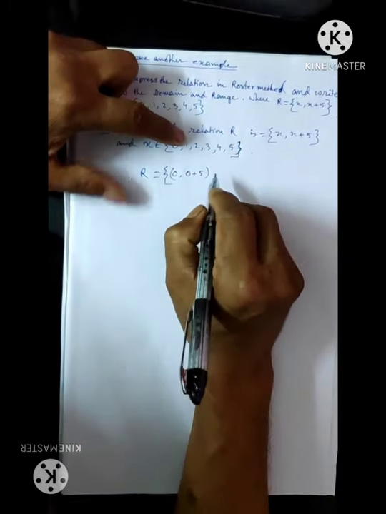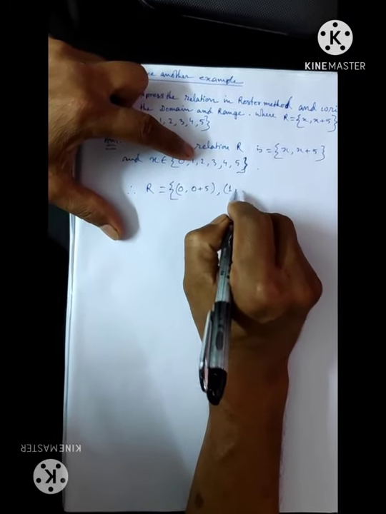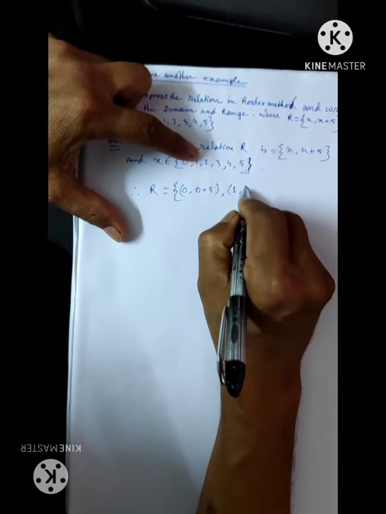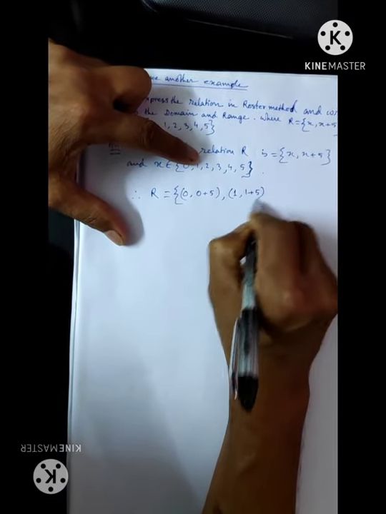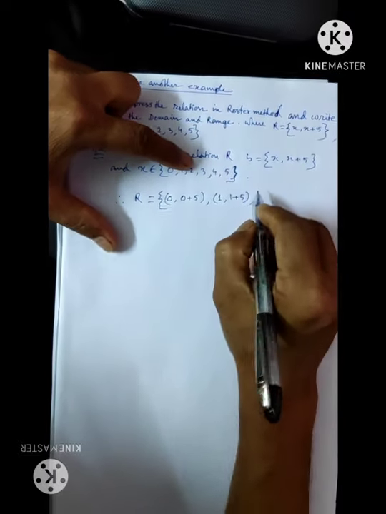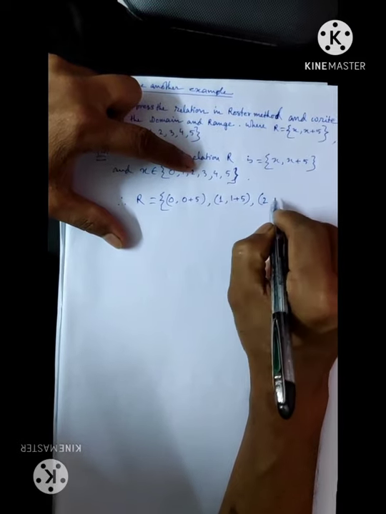If x is equal to 1, then x plus 5 means 1 plus 5. Like this way, if x is equal to 2, x plus 5 is equal to 7.